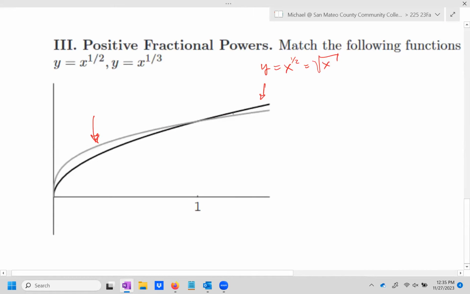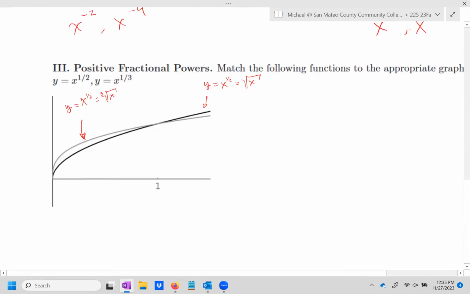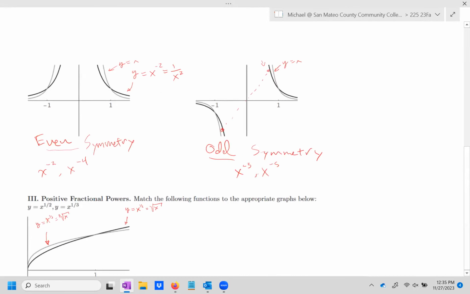Right? It's more chill, the darker one. The light gray one is a little sharper. That's called x to the 1/3 power, which is the same thing as the cube root of x. Okay? So these are the basic power function shapes.